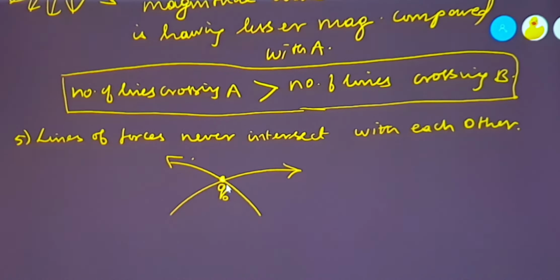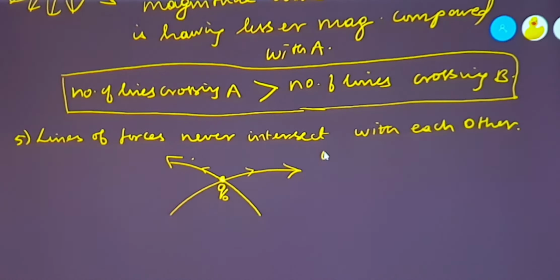Then this test charge should move in both directions, which is not possible. It can move either in this direction or in this direction. It can't move in both directions at the same time. So, lines of force never intersect.